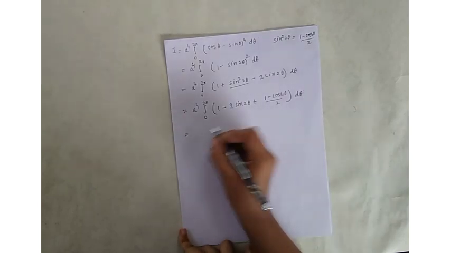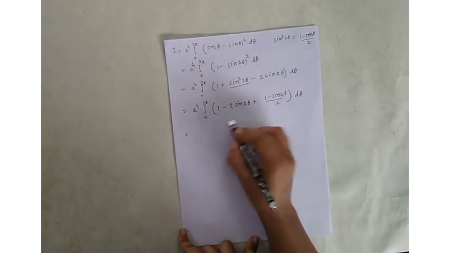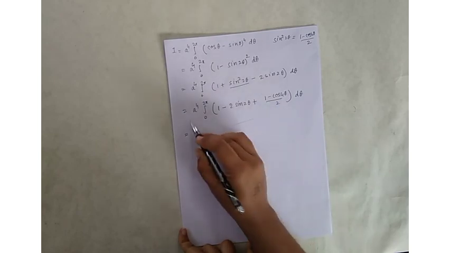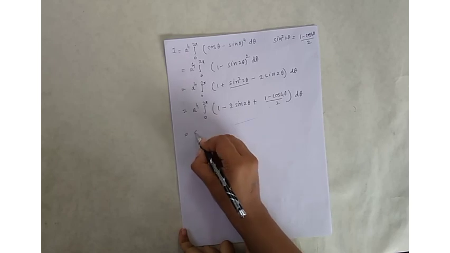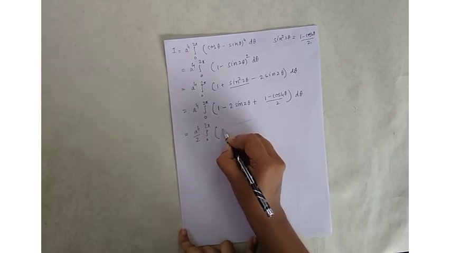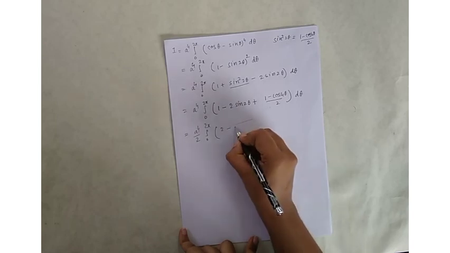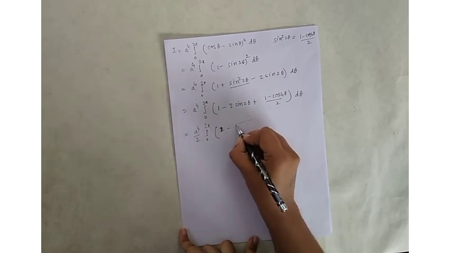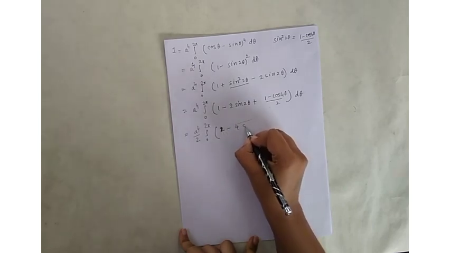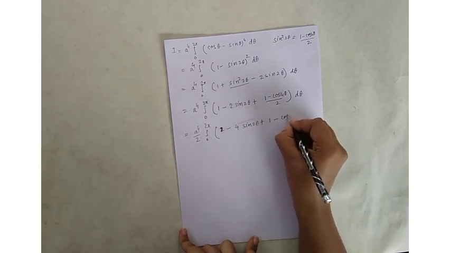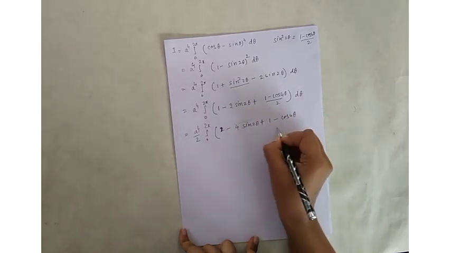So a raised to 4, taking LCM as 2, a raised to 4 divided by 2, integration with 0 to 2 pi becomes 2 minus 4 sin 2 theta plus 1 minus cos 4 theta divided by 2.